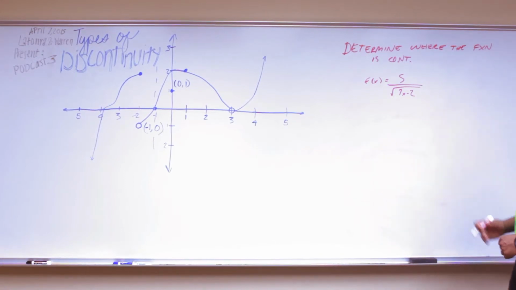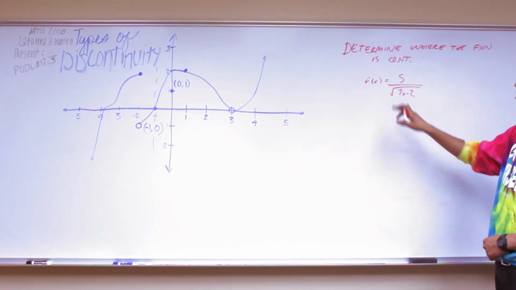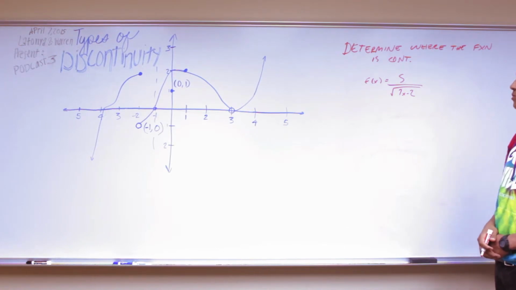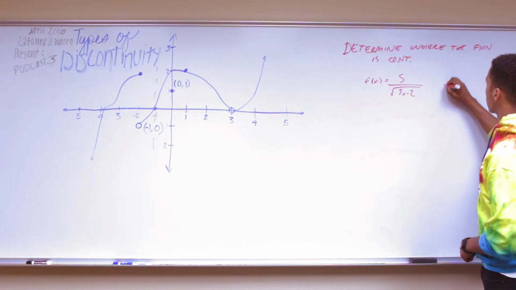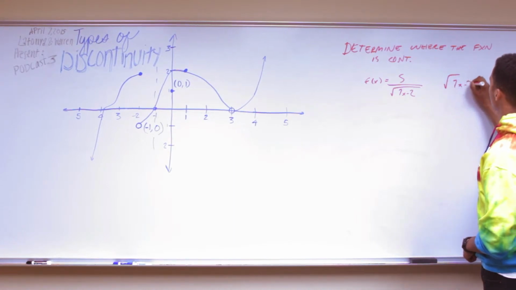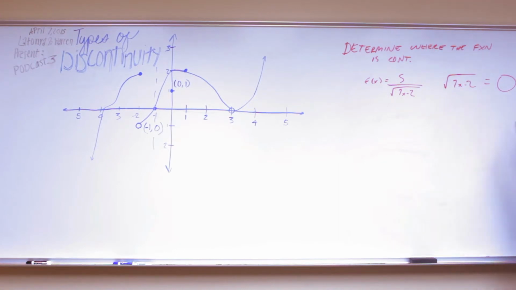We need to determine where the function is continuous at f of x equals 5 over the square root of 7x minus 2. So what we need to do is set the denominator equal to 0. So 7x minus 2 equal to 0. So we can square both sides.